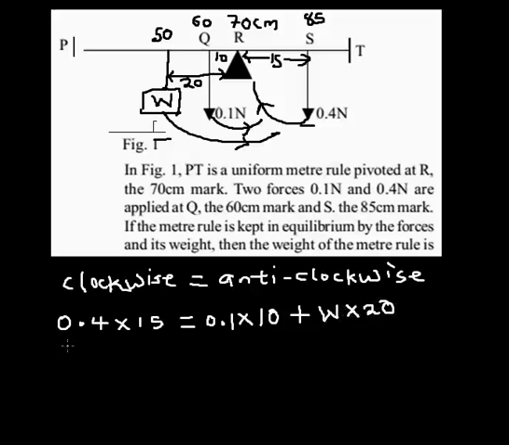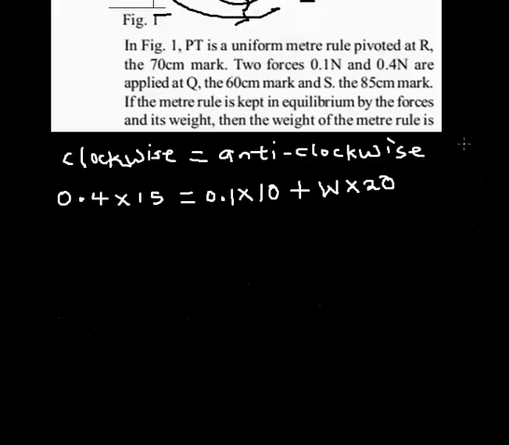So 0.4 times 15. What should that give me? 2 Newton, if I'm not mistaken. Is it 2? 4 times 5 is 20, 4 times 1 is 4, okay, plus 1, that's 5 Newton, all right?